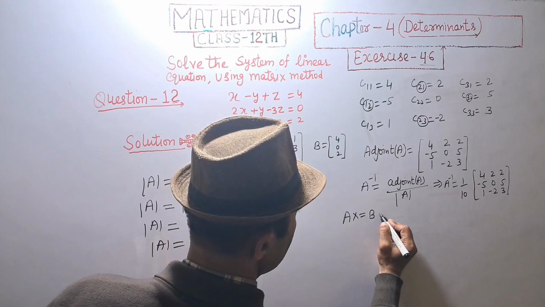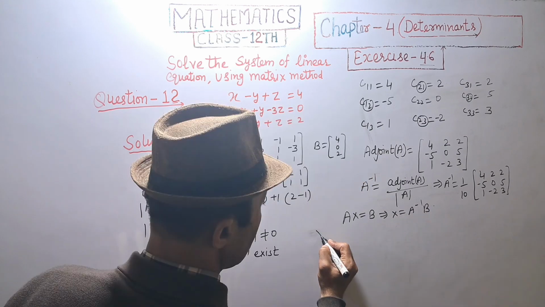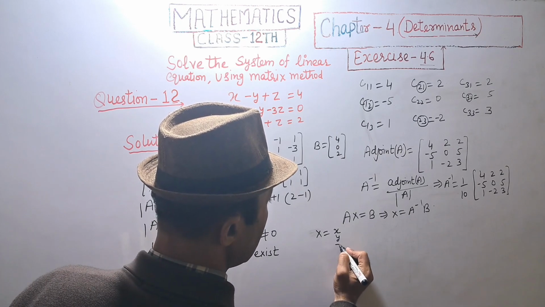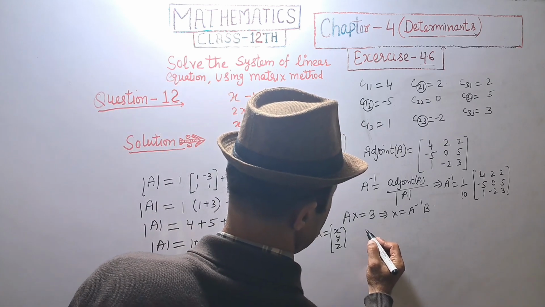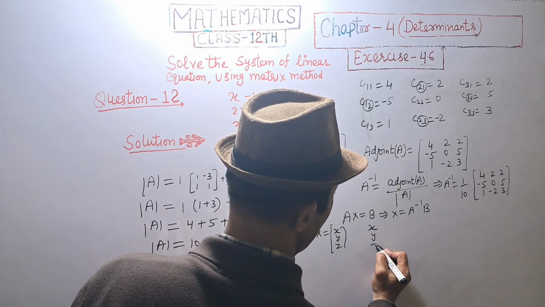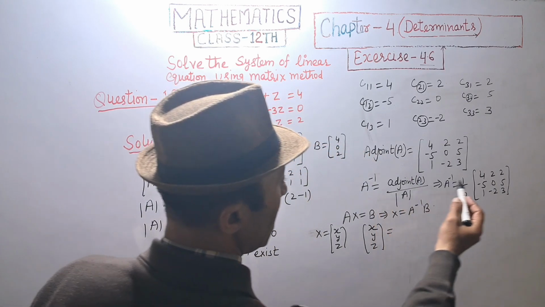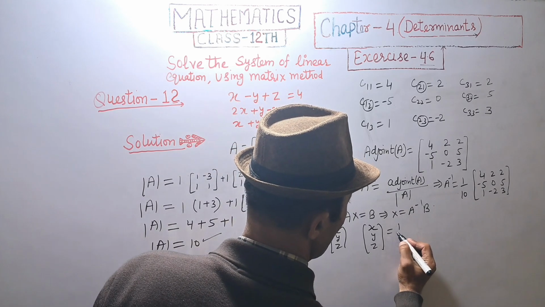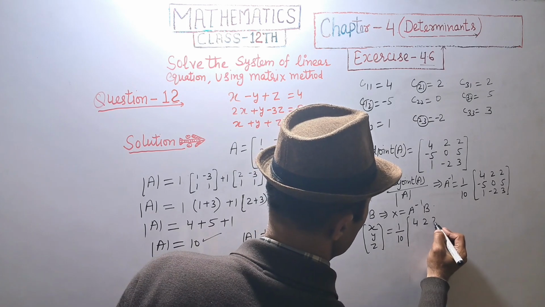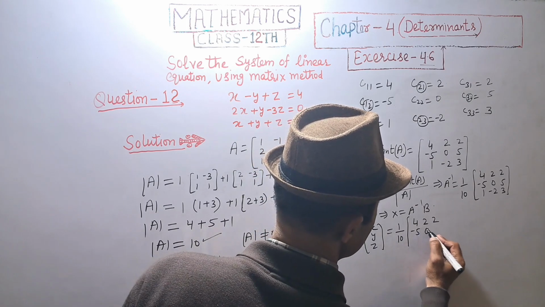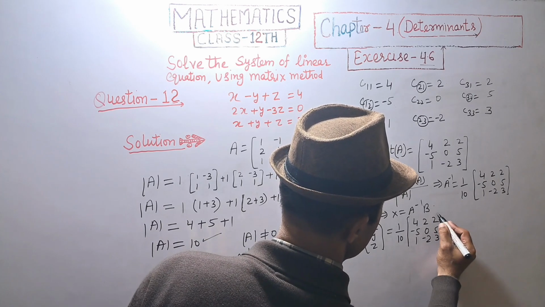Ax is equal to B. This implies x is equal to A inverse B. X is equal to x, y, z. So x, y, z is equal to A inverse, which is 1 upon 10 into 4, 2, 2, -5, 0, 5, 1, -2, 3.